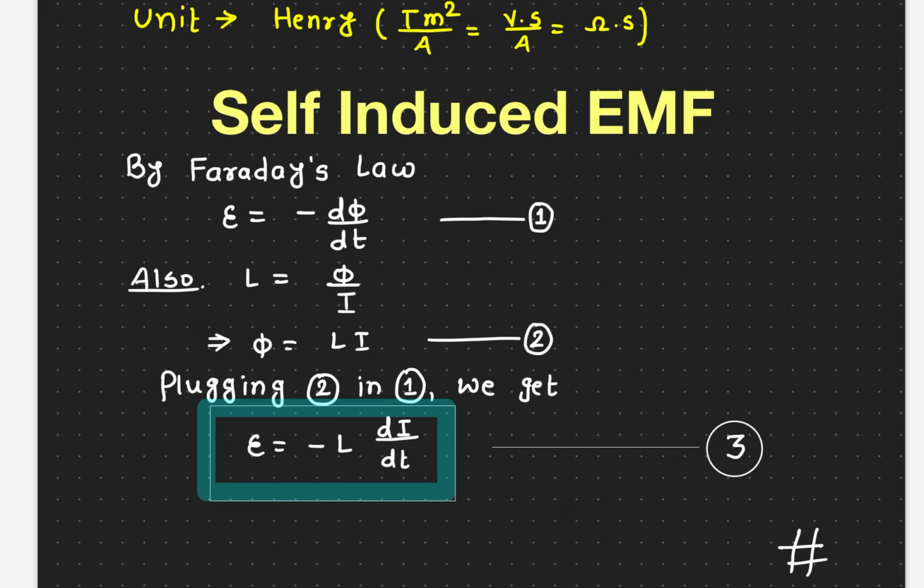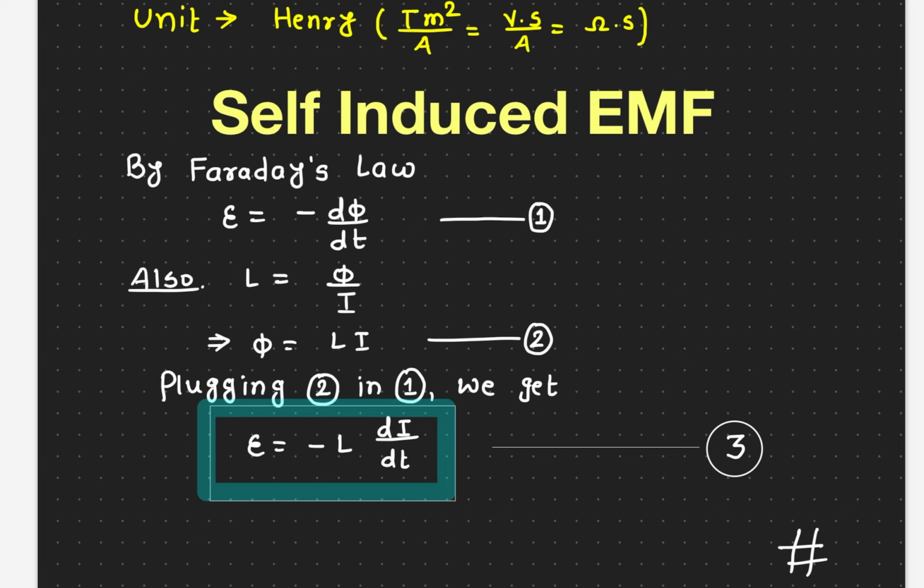And we know L, which is the self-inductance, is given by phi over I. So I can write phi equals L I. If I plug this equation 2 into equation 1, I will have another equation for the induced EMF, which is in terms of the current. That is, the self-induced EMF is negative L times di over dt.